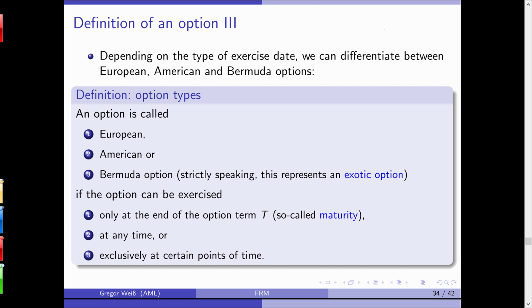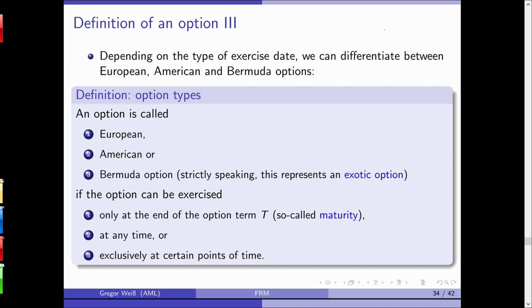Now, an option is called European if the option can only be exercised at the end of the maturity, an American option if it can be exercised at any time, or a Bermudan option if it can be exercised at certain points in time over and over again. So, for example, on each first day of each month. Then it would be a Bermudan option.